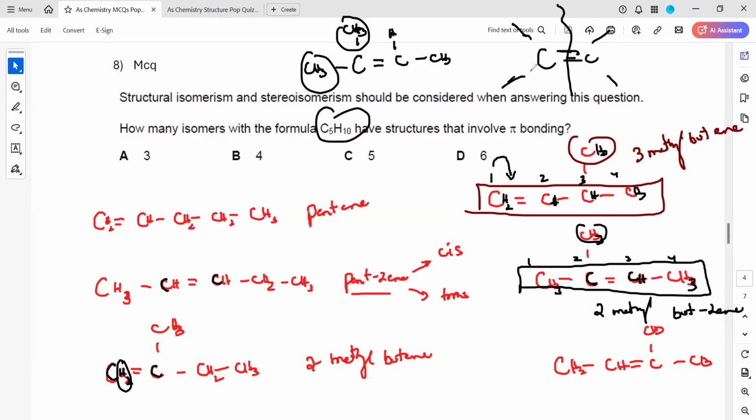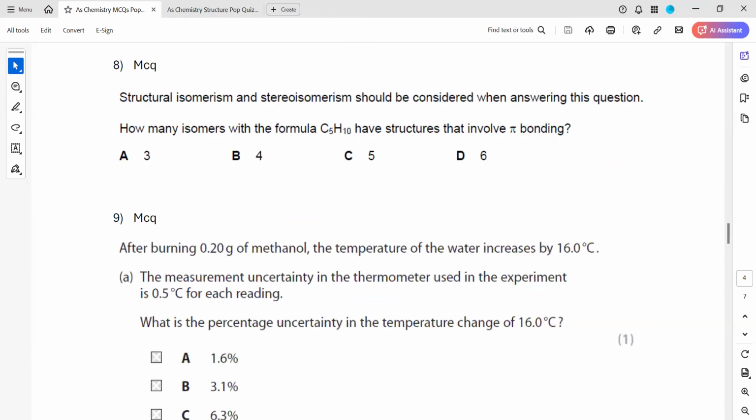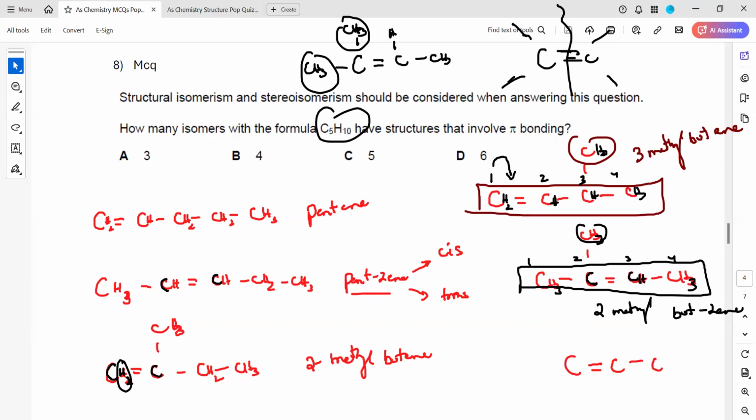Now the last one, because we can have three in the straight chain and 2 of them. So if we try to attach, how many are there?